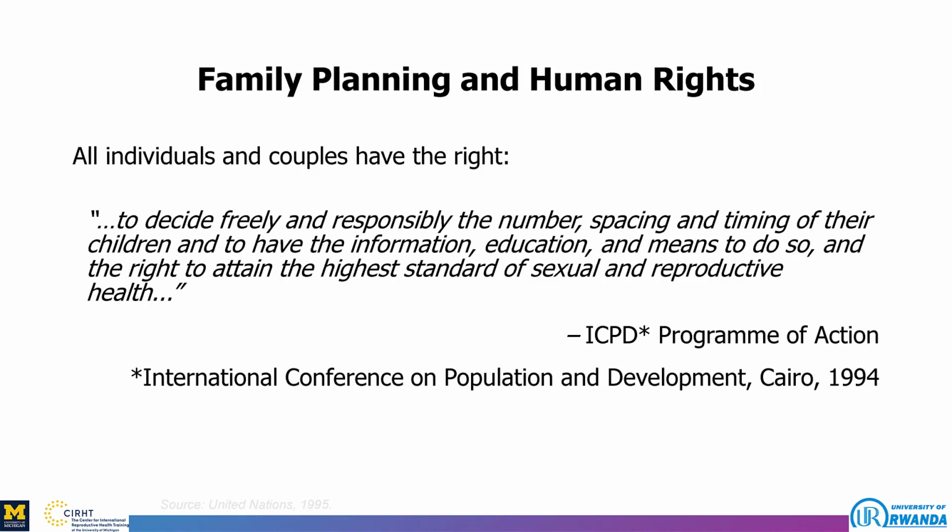ICPD reports that all individuals and couples have the right to decide freely and responsibly the number, spacing, and timing of their children, to have the information, education, and means to do so, and the right to attain the highest standard of sexual and reproductive health.